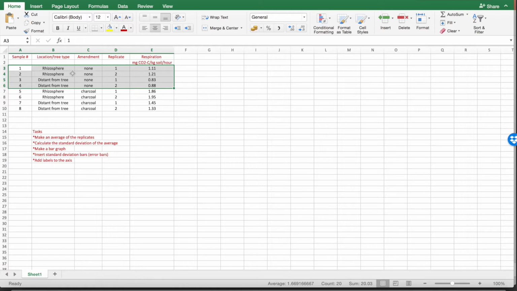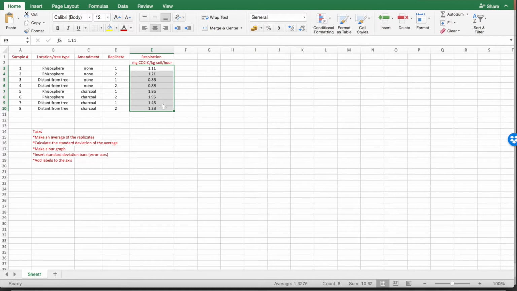And so we have the samples collected from the rhizosphere, collected samples from away from the tree, and you'll notice that I also list here the replicates. And on the second set, I have also samples from the rhizosphere, from distance from the tree, and in this case amended with charcoal. And here I show the respiration rate that I calculated using the formula I showed before.